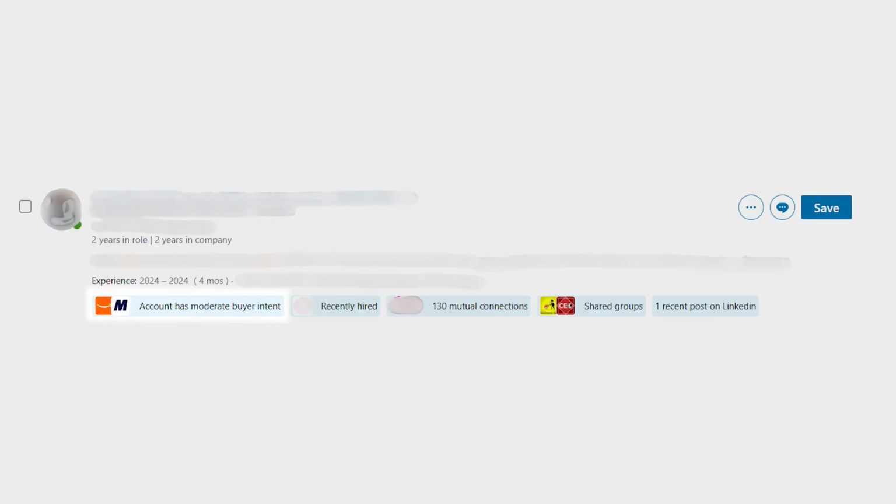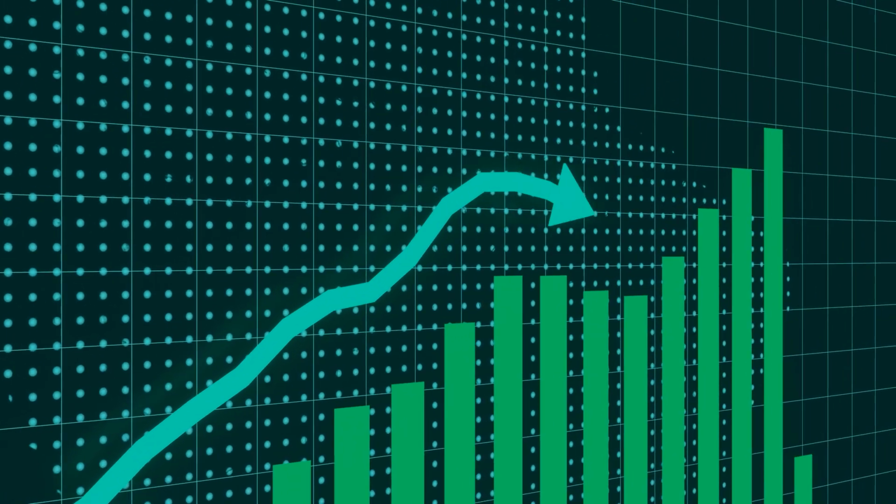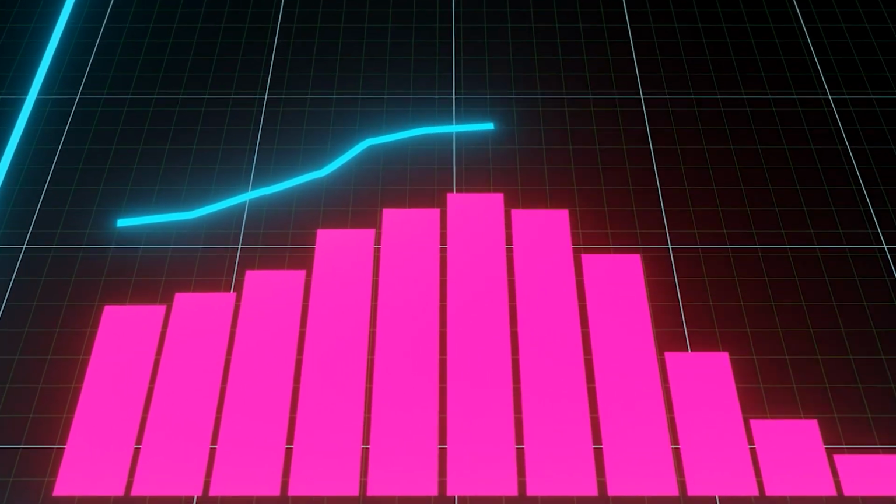You can search in Sales Navigator and find prospects where the company's buying intent is high, which means you can prioritize the people who are most open to talking and are most interested in what you're doing. So prioritizing your leads and your outreach based on buyer intent improves response rates and fills your pipeline faster.